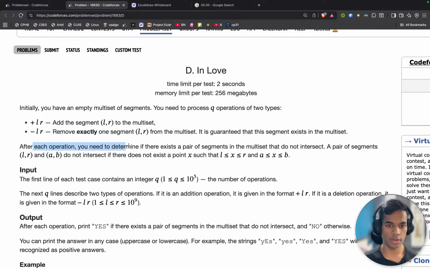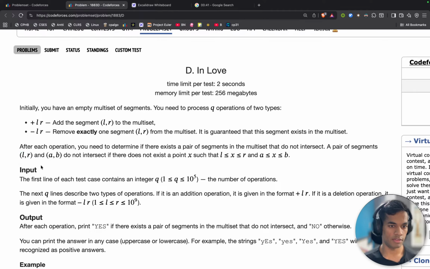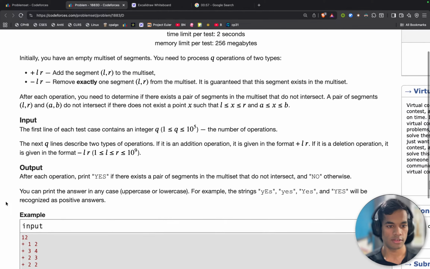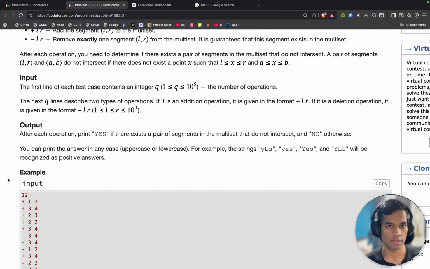After each operation, you need to determine if there exists a pair of segments in the multiset that do not intersect. Segments LR and AB do not intersect if A is greater than R, that is, if there does not exist a point X which exists in both of them. Okay, and we have to say yes, no, yes, no. Initially this is empty, and we only have the number of queries.